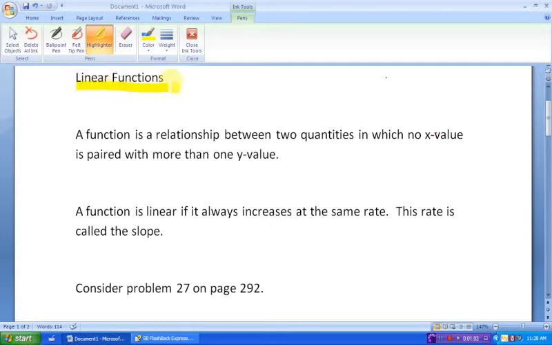And what is a function? A function is a relationship where you have an x value and a y value, or a first value and a second value, and no first value gets paired with more than one second value. An example would be if I asked three people what color their cars were.